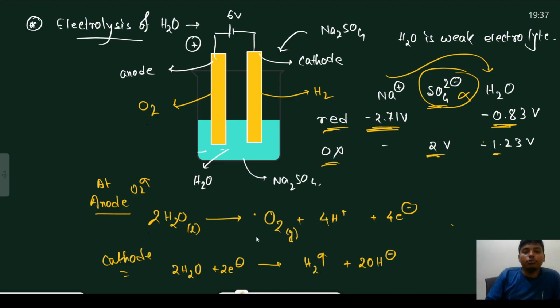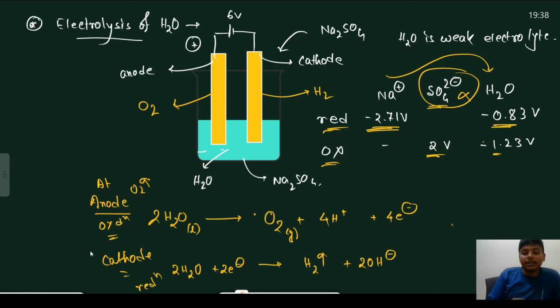Actually, if you check, the two reactions are completely different. This is the oxidation reaction, and this is the reduction reaction. So that's why reduction potential and oxidation potential are different.